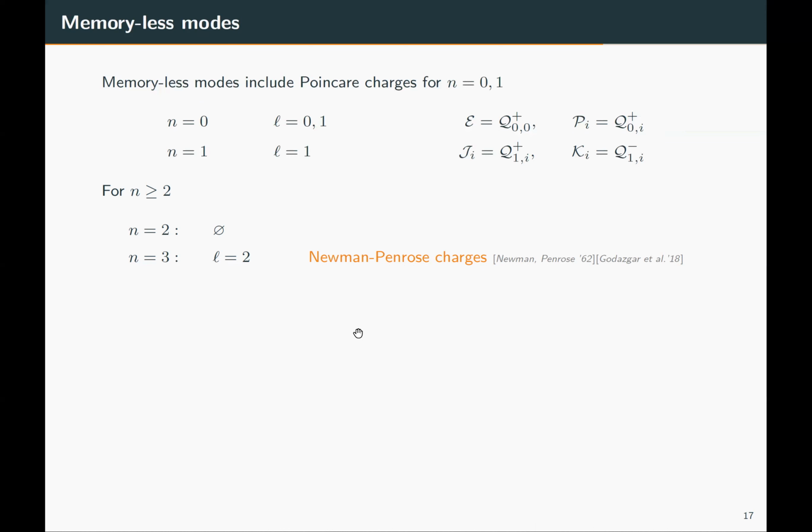Whereas the memoryless should be purely gravitational. So understanding what they mean is right.